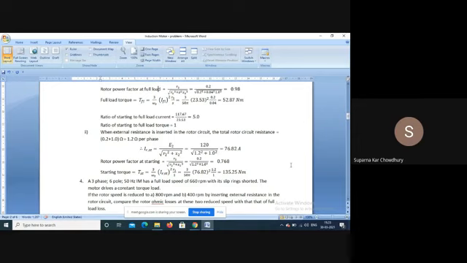And the starting torque value will be 3 by omega s into I starting square into R2 by 1. So 3 by 50 pi into the starting current, this value, into 1.2, the resistance, by 1. So the starting torque is 135.25 Newton meter. So the starting torque has increased.